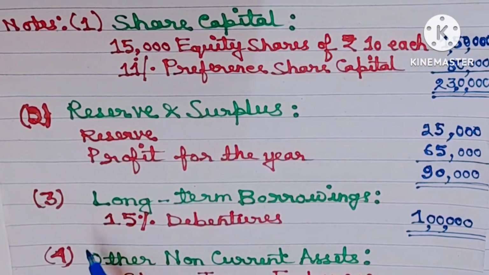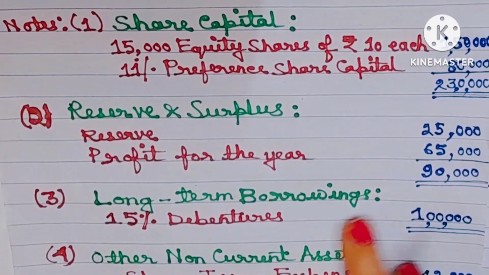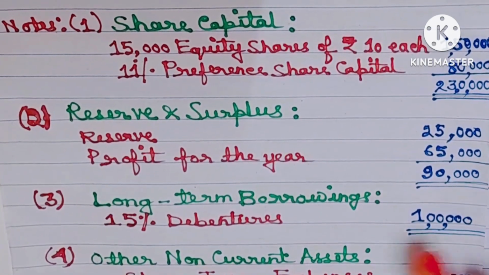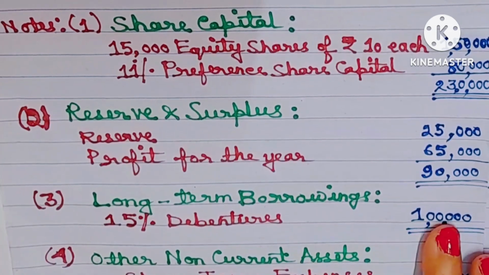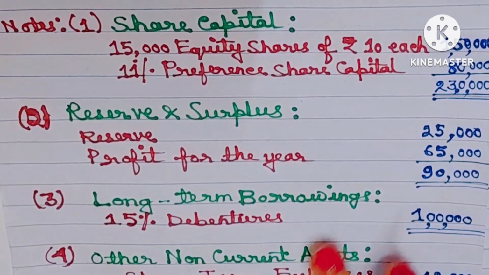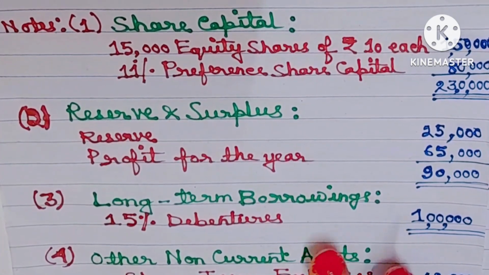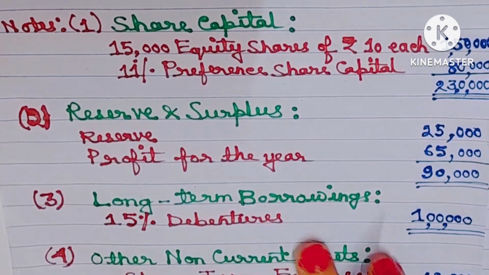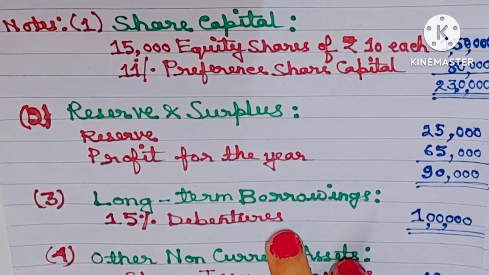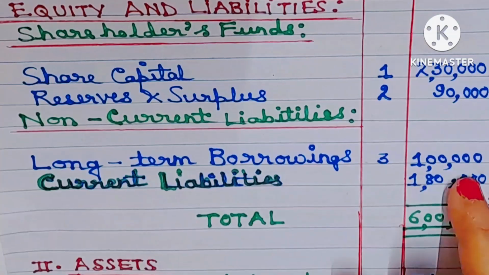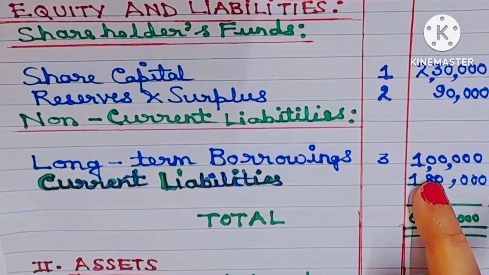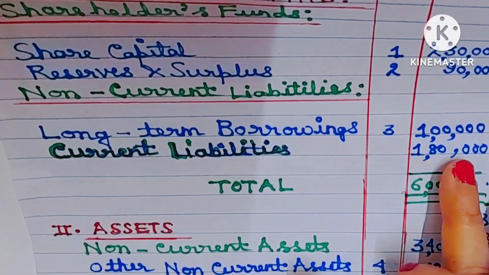See note number 3, long term borrowings. 15% debentures is equal to 1 lakh. There is nothing else here. Mortgage loan is not here, bank loan is not here, loans from financial institution is not here, and public deposits is also not here. So we only have to write 15% debentures, that is equal to 1 lakh. Because in the balance sheet they have given us long term borrowings is equal to 1 lakh, but no detailed information is given.